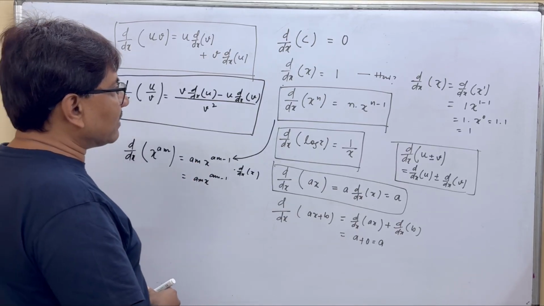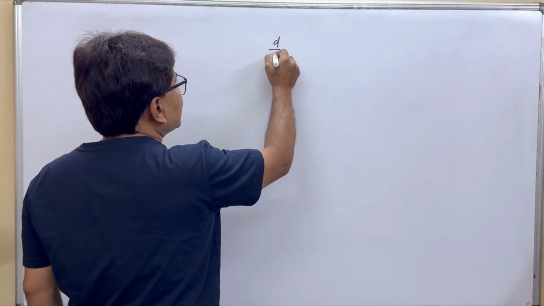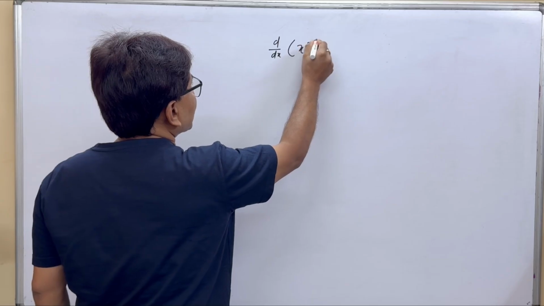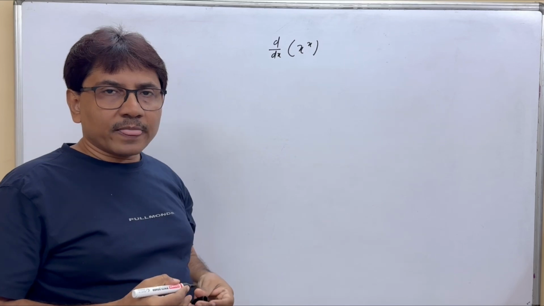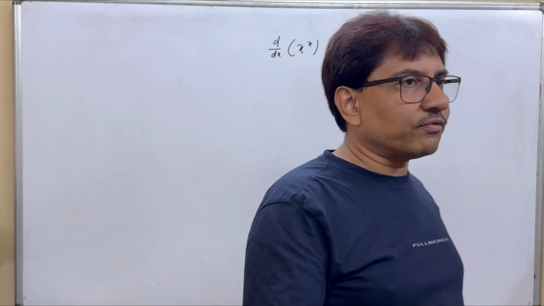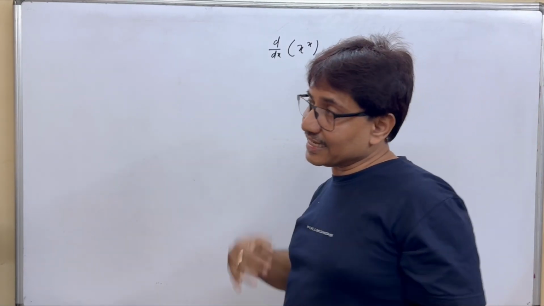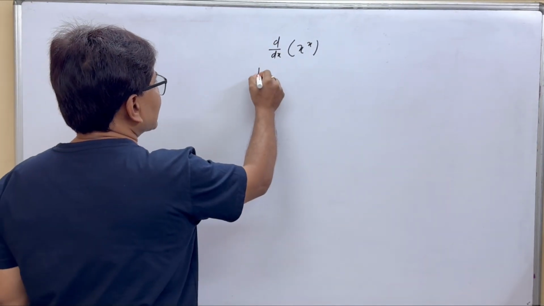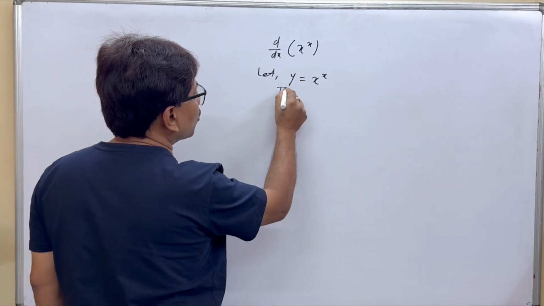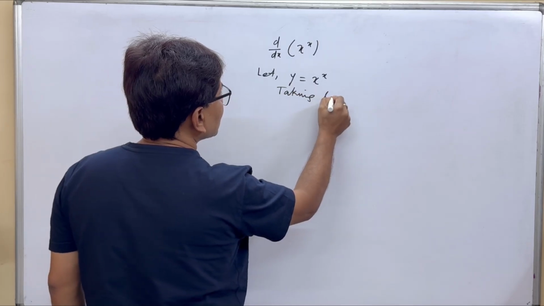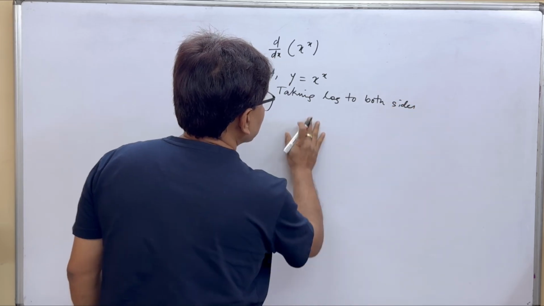Now the question is, if the situation is a little different, I am showing d/dx of x to the power x. It is given d/dx of x to the power x. So how to solve this? Let y equals x to the power x, taking log to both sides.